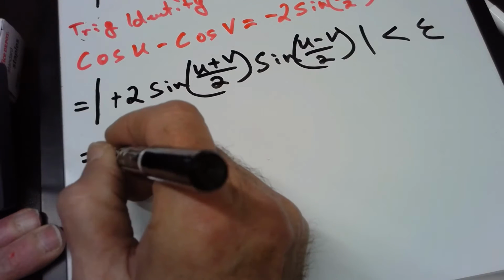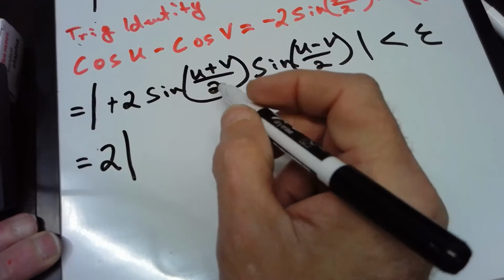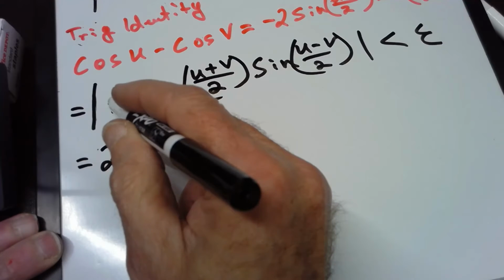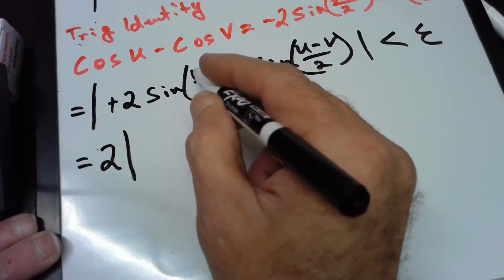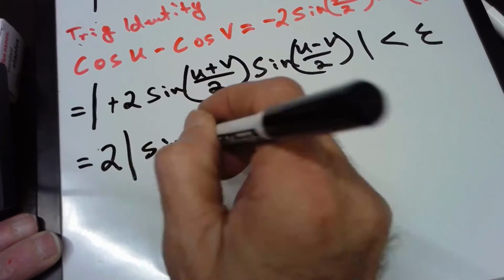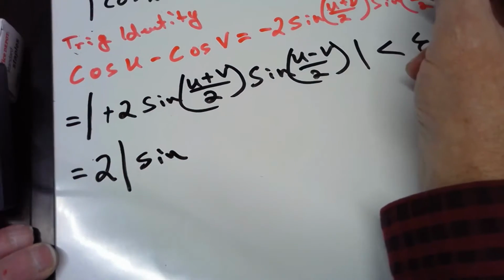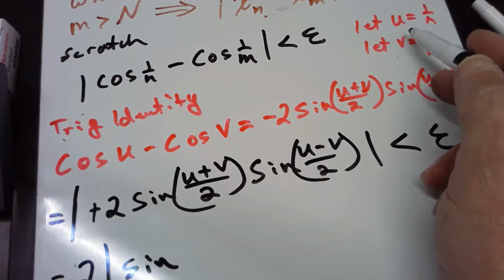So the 2 is outside of the absolute value, and because it's absolute value, the negative changes to a positive. And here we have sine, and we said that u is 1 over n.